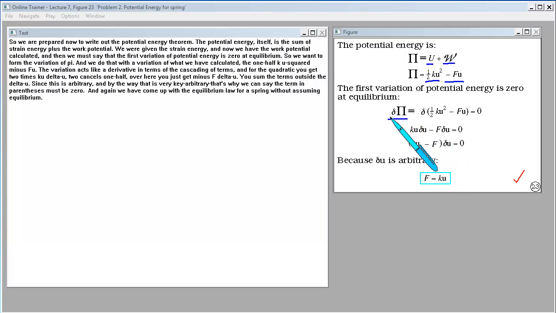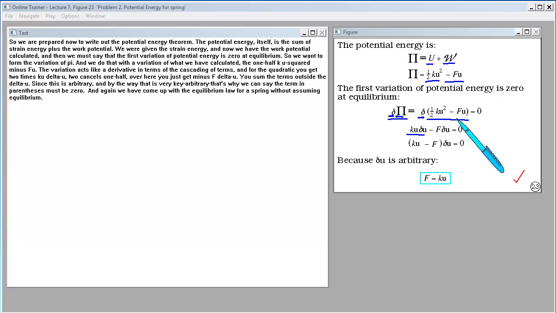So we want to form the variation of pi. We do that with a variation of what we have calculated, the 1/2 kU squared minus fu. The variation acts like a derivative in terms of the cascading of terms. For the quadratic, you get 2 times ku delta u. 2 cancels 1/2.